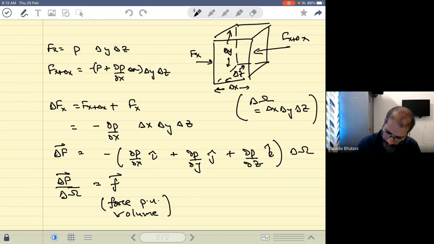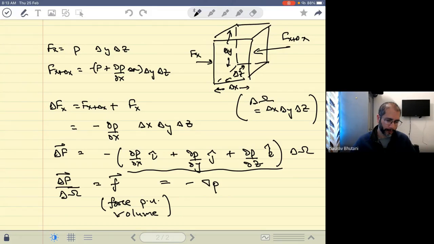So this becomes, and remember this quantity, del p by del x i plus del p by del y j plus del p by del z k, is nothing but the gradient of pressure. All right, so this pressure gradient creates a force on this infinitesimal liquid volume.